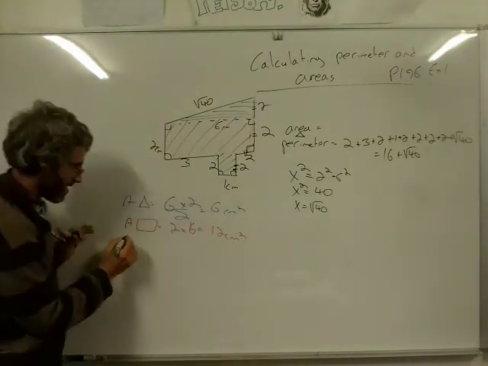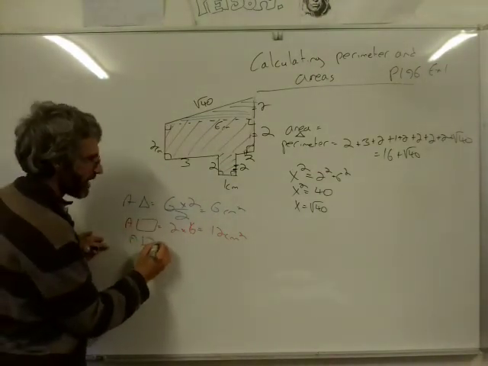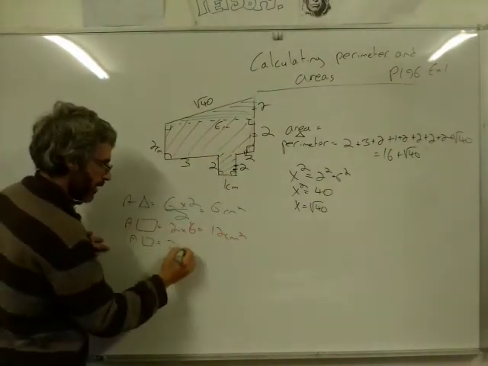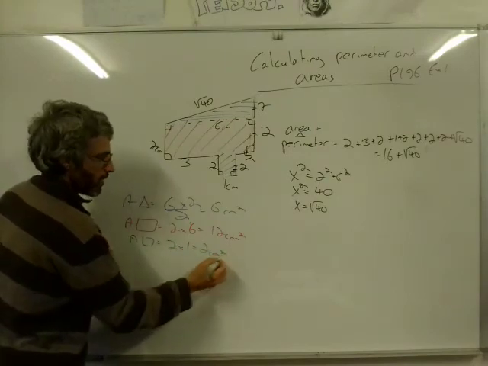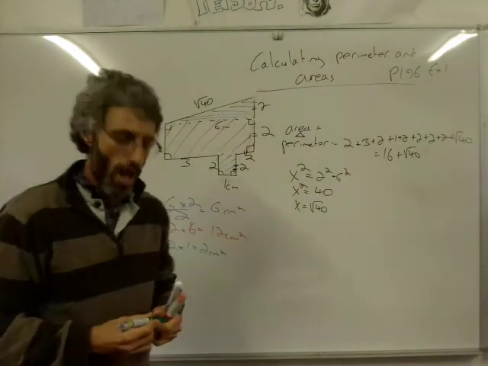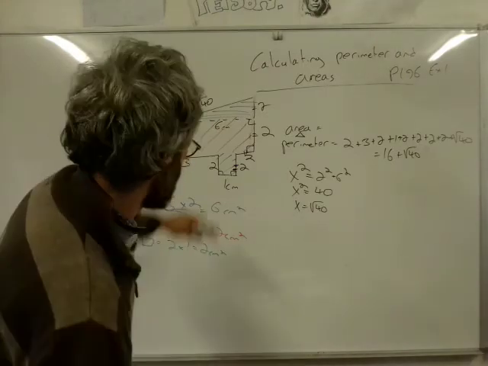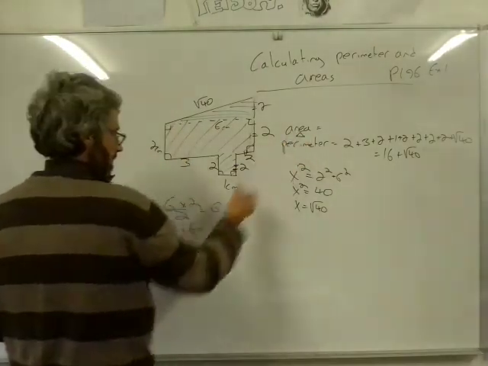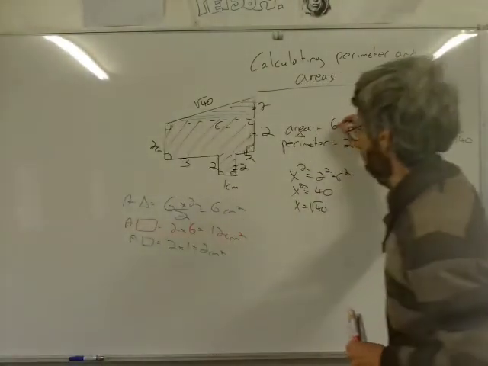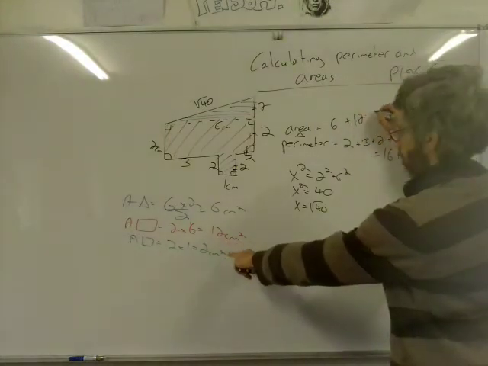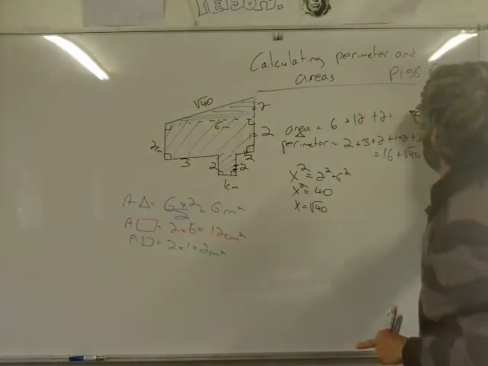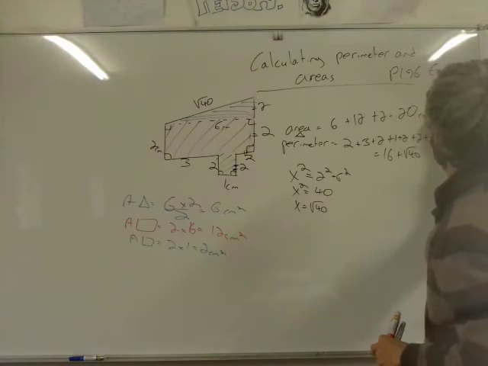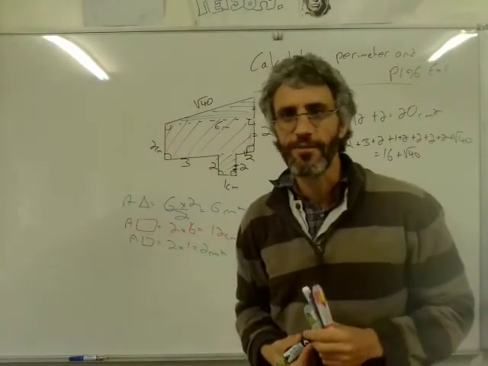So the area of the small rectangle is going to be 2 times 1, 2 centimeters squared. What do I have to do now? Correct, just add them up. So the big area will be 6 plus 12 plus 2, and that is 20 centimeters squared. Don't need the calculator for this one, right?